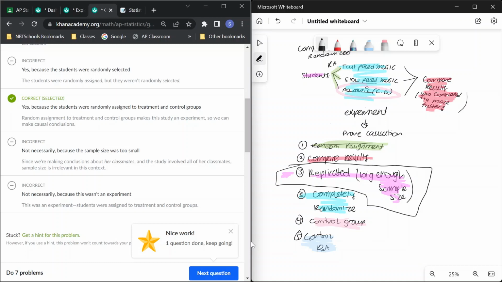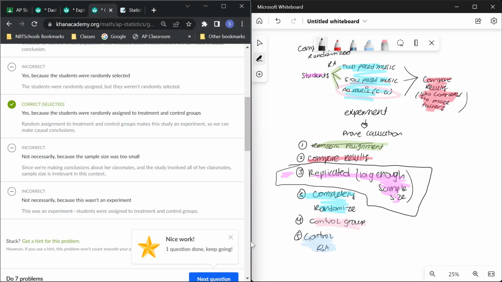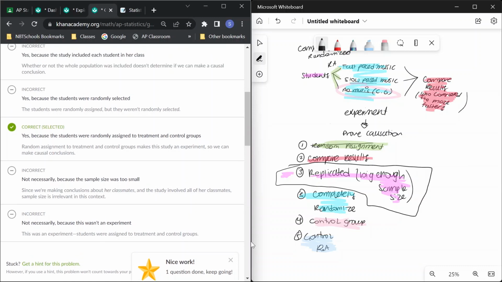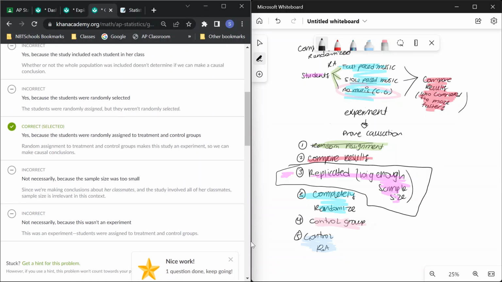So, yes, because the students were randomly assigned to treatment and control groups. Random assignment to treatment and control makes the study an experiment so we can make causal conclusions. Randomly selected: the students were randomly assigned, but they weren't randomly selected. Oh, I didn't catch that one. Oh, I like that. Wait, that's interesting.